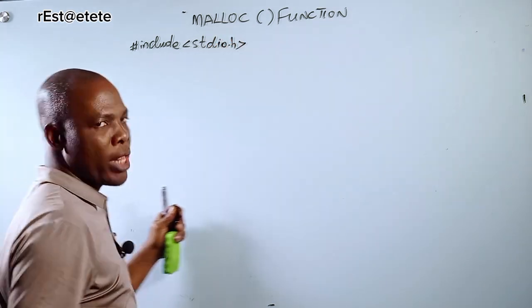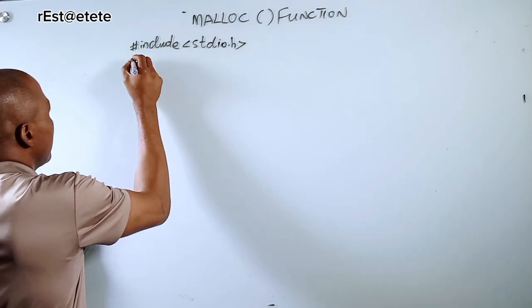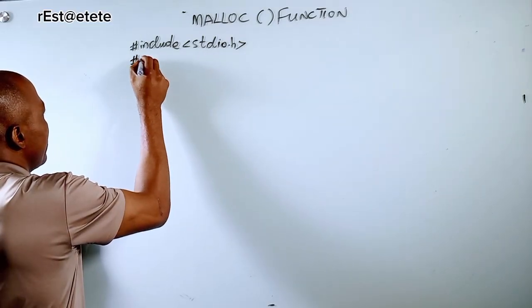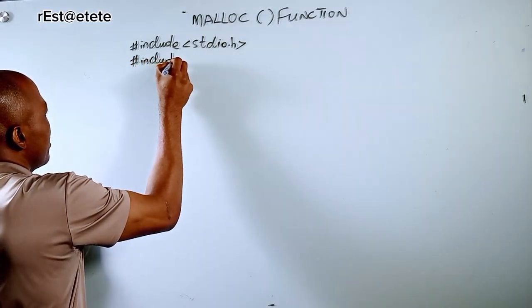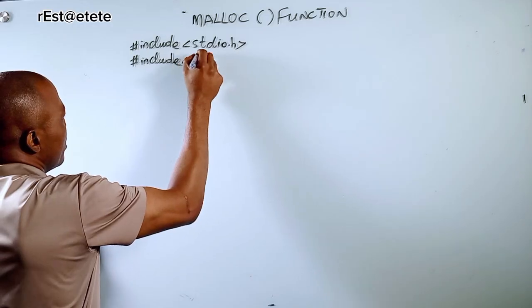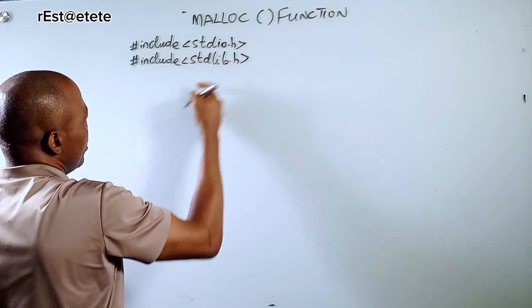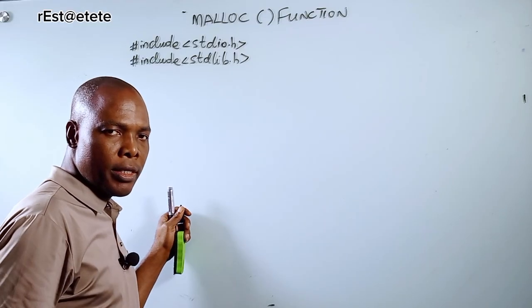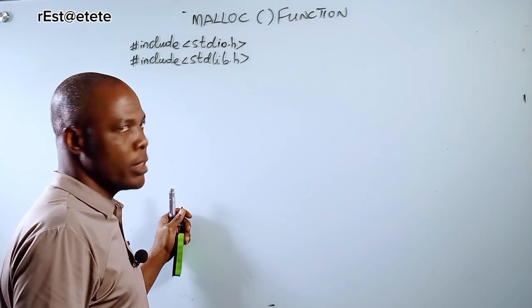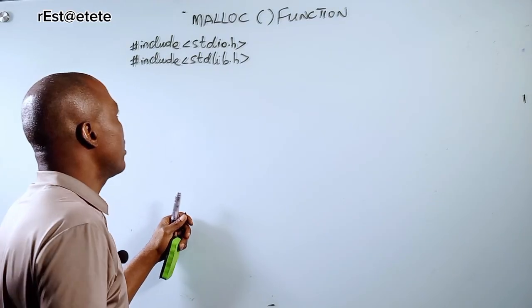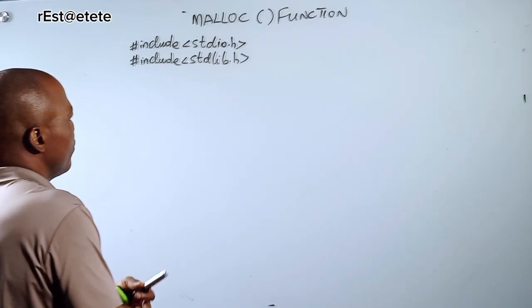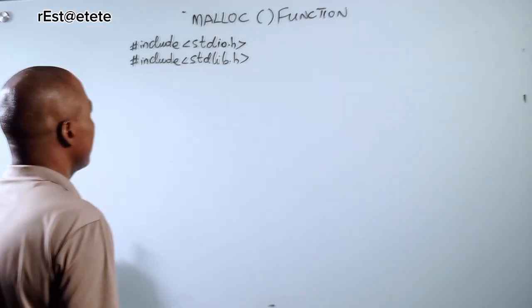This will allow us to call our print function. Then I will also include another library, include stdlib.h. This will allow us to access the utilities, which are what? The malloc function, the calloc function, and the realloc function. So this will allow us to access them.